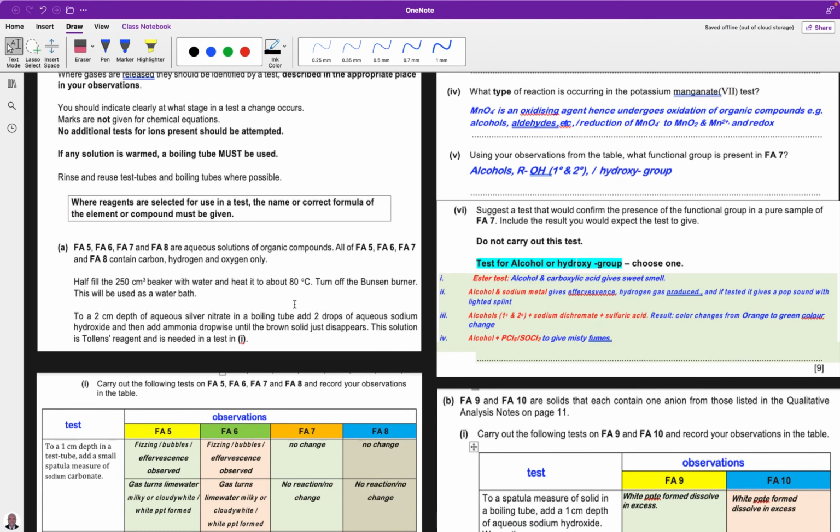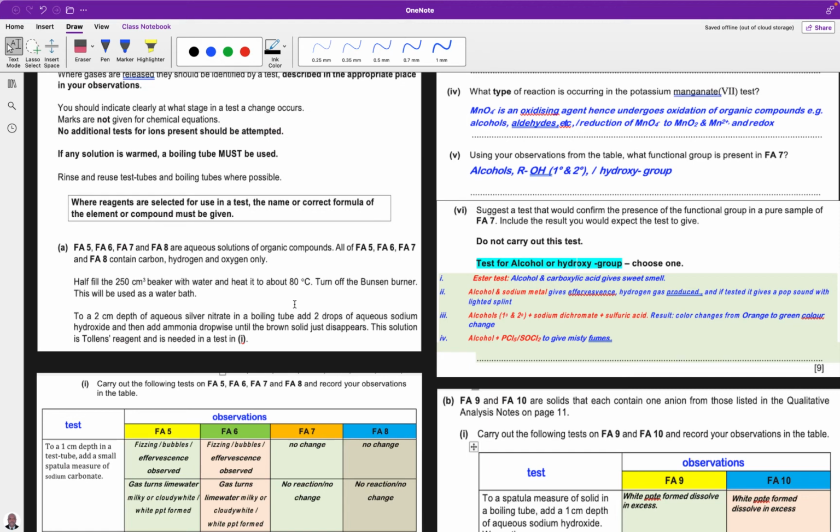A. FA5, FA6, FA7, and FA8 are aqueous solutions of organic compounds. All of FA5, FA6, FA7, and FA8 contain carbon, hydrogen, and oxygen only.